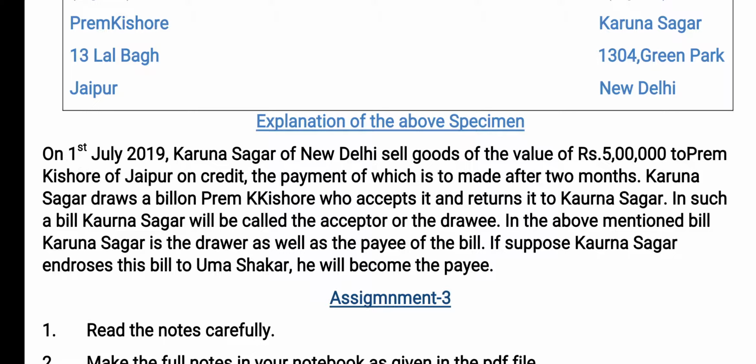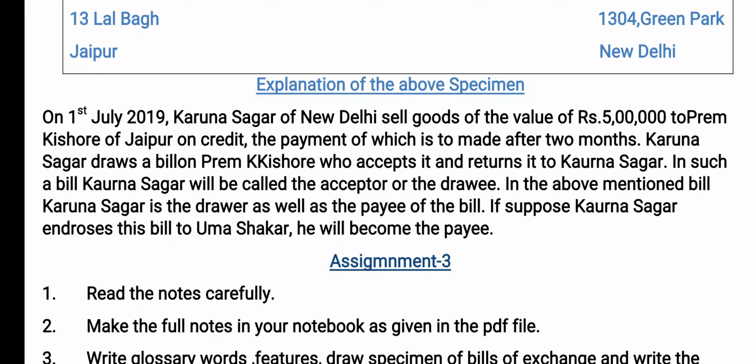Seller is Karuna Sagar in this case, and Prem Kishore is the purchaser, and the definite amount of money is also given to you. And they have mentioned that you have to clear it after 2 months. So, Karuna Sagar draws a bill on Prem Kishore, who accepts the bill and returns it to Karuna Sagar.